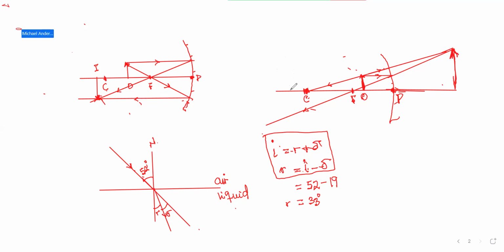Listen to this question. A ray on the principal axis is reflected along the same path by a mirror.